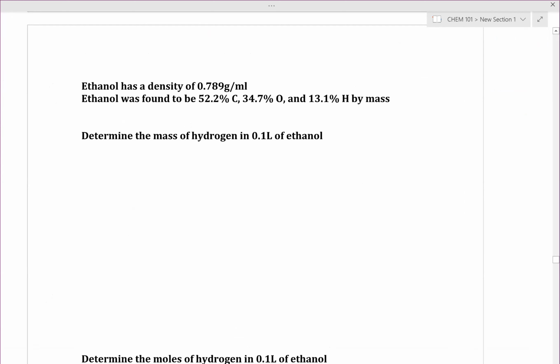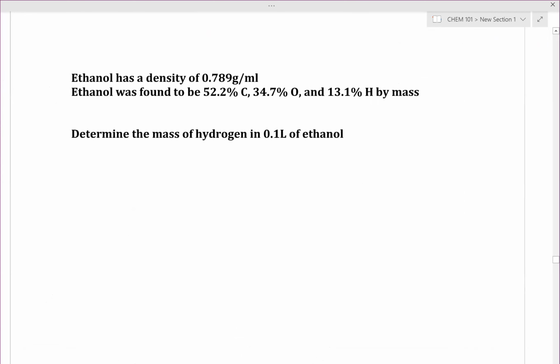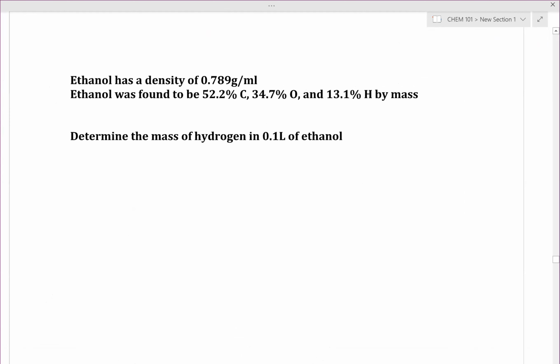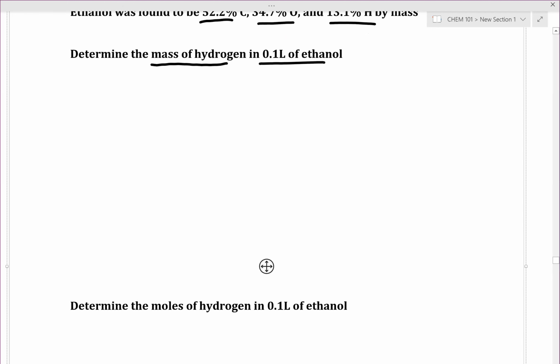So let's look at this problem. I'd like you to try and report the responses for this problem. I'm telling you that ethanol has the density shown above, and I'm giving you the mass percentage of each element in ethanol. I want you to tell me the mass of hydrogen in 100 milliliters of ethanol.